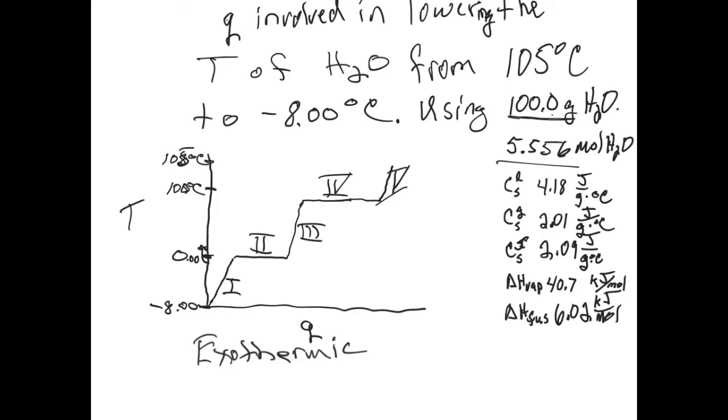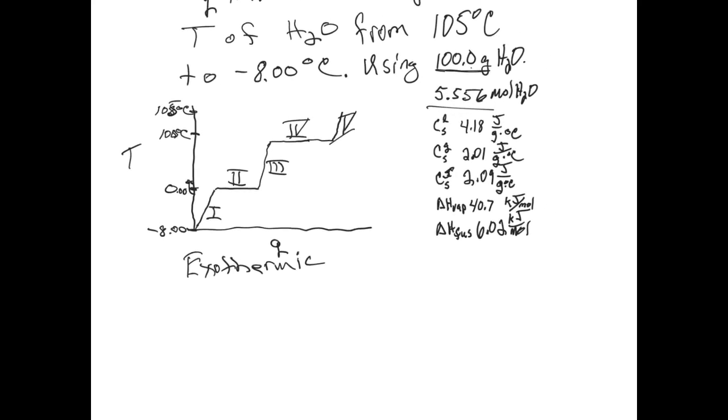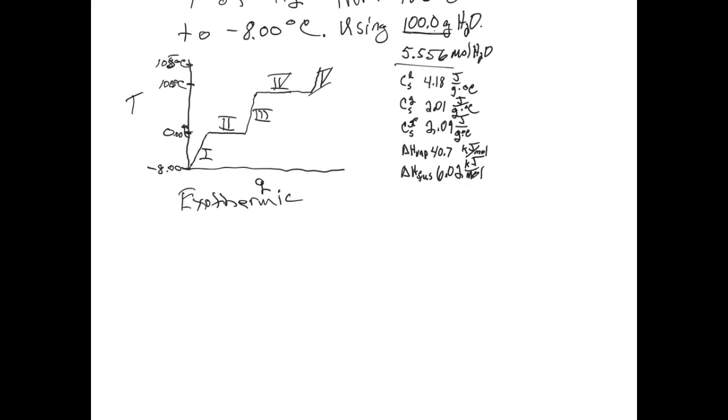So now what I need to do is write out each of these segments just like we did earlier and plug in the numbers and do the math. So I'm going to actually write out each segment, but I am not going to necessarily solve every step. I'm just going to give you a sense of what we need to be doing.